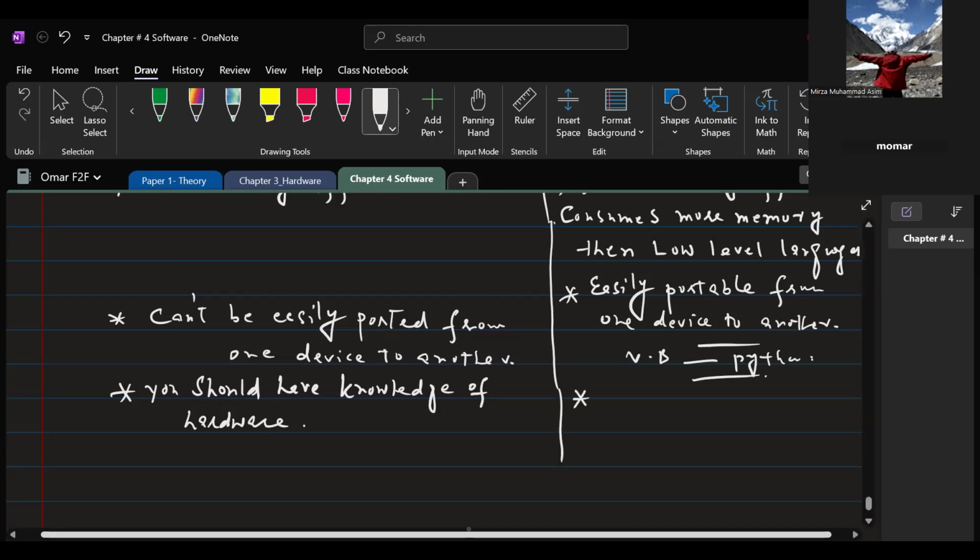Whereas writing a program in a high level language, little knowledge is required.